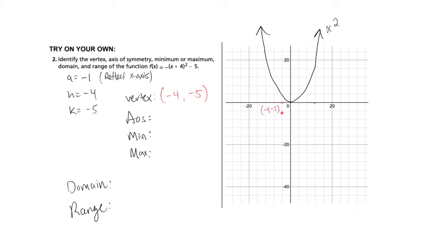And remember, a is -1, so it should be concave down, or opens down. So our U shape's going to go down. Our next point could be like 1, 1.